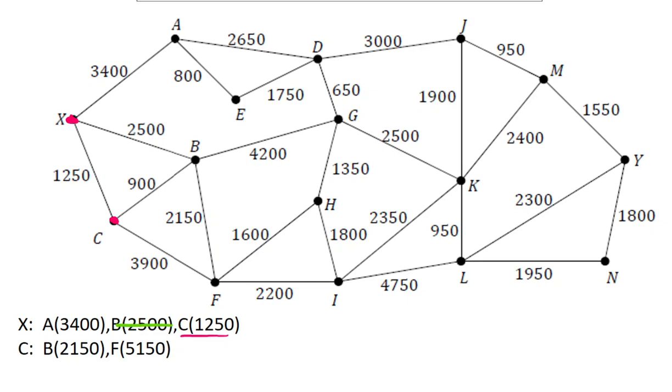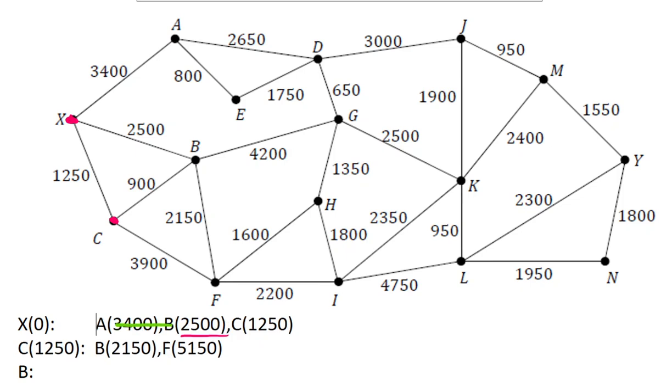So what's our smallest unvisited point? There is B 2150. So it might even be easier if you say X 0, C 1250. Then B, we're at 2150.